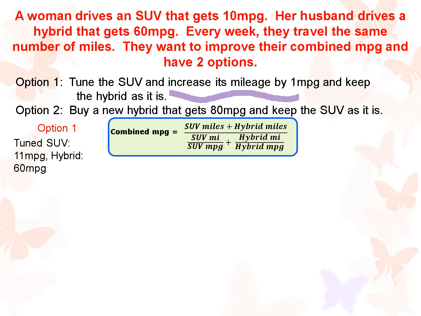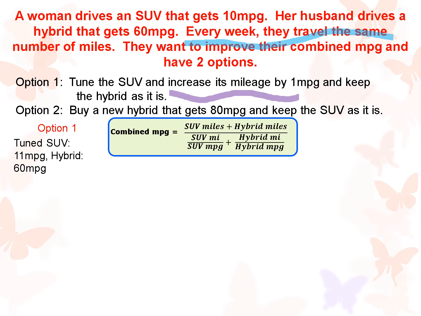Now, let's think about this, okay? So I'm going to have to figure out the SUV miles and the hybrid miles. And I'm reading back through this problem, and I don't see that they give me that information. But they do give me something that is just as valuable.